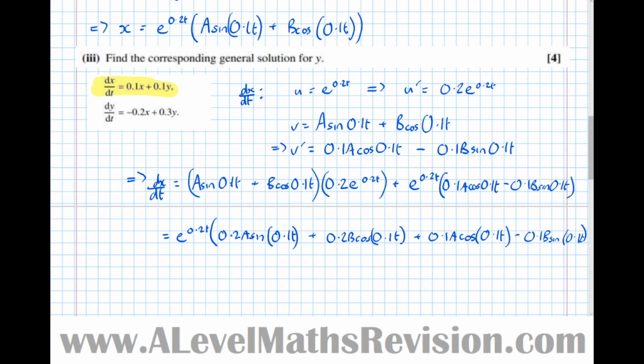So now we've got that, we're going to use this equation here, because we know what dx by dt is now, just in terms of t. We know what x is, just in terms of t, so we can then sub that in there and rearrange it to say y equals.